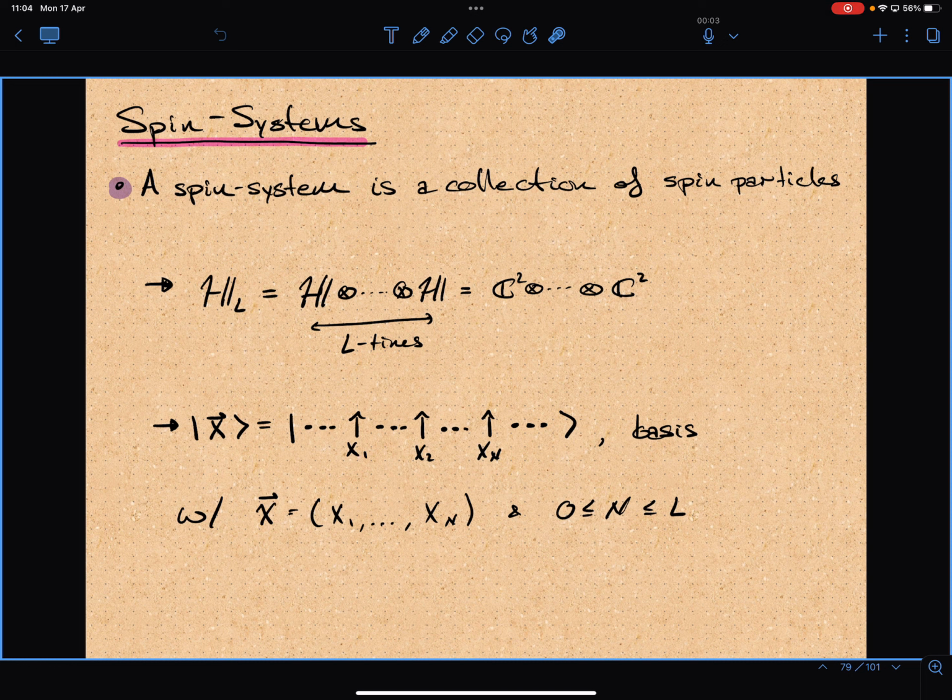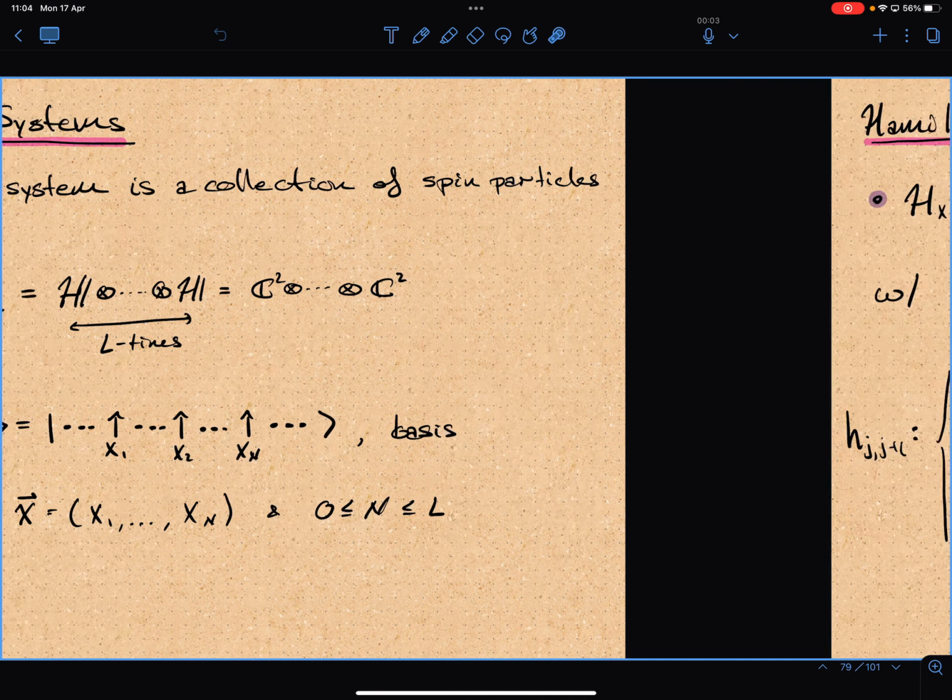So in here, this is going to have L positions for your spins. In the L positions, the spins could be up or down, but it's enough to denote the places where you have upspins. And you can have from 0 to L upspins.